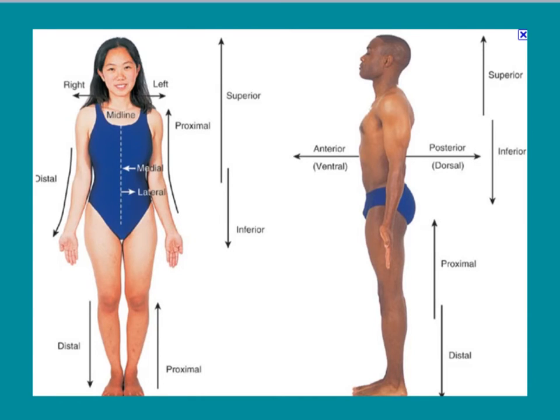You can see the midline of the body, and medial is towards the midline, lateral is farther away. Proximal means closer to the point of attachment, distal means farther away. Anterior is closer to the front of the body, posterior is towards the back of the body. Superior once again means closer to the head, inferior means farther away from the head.